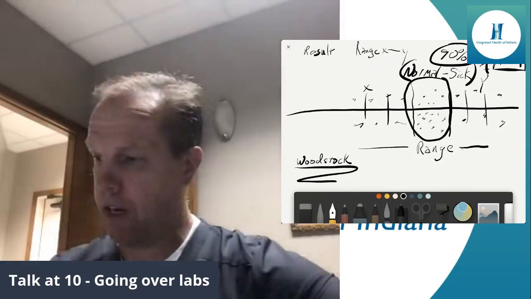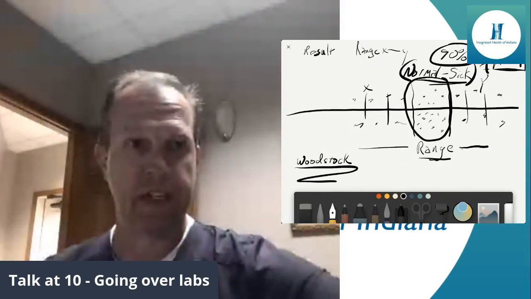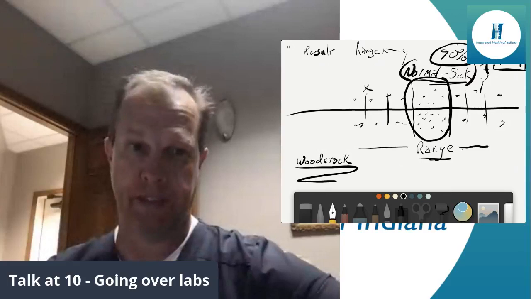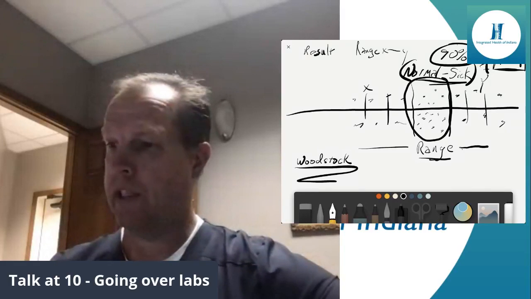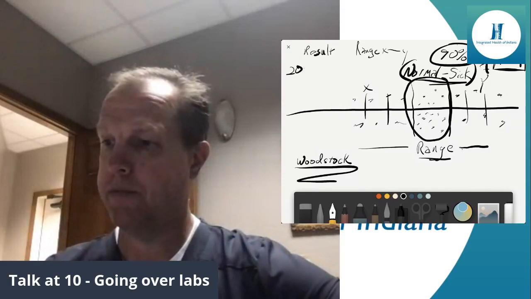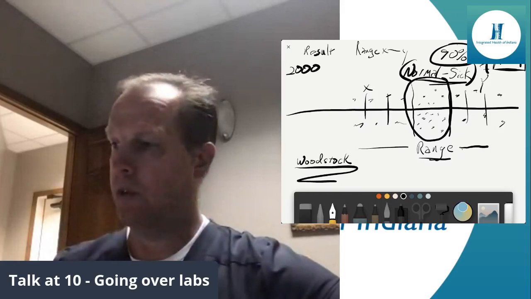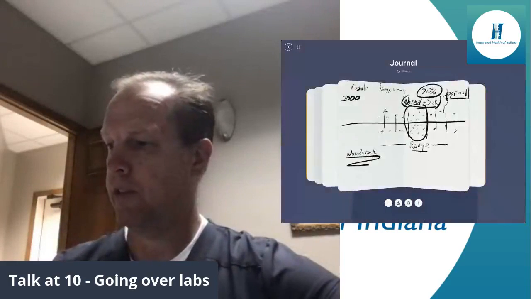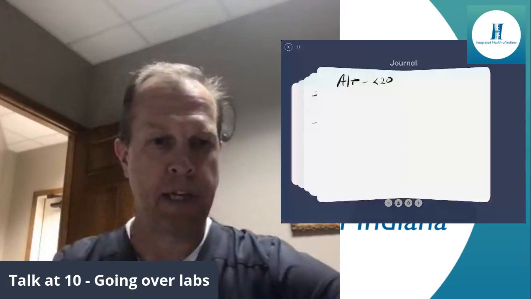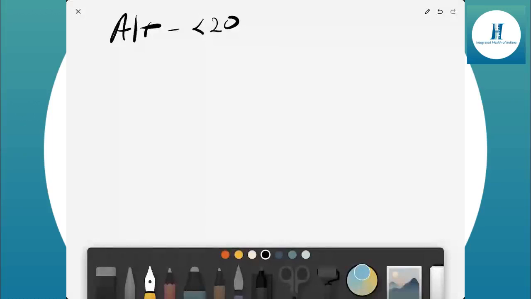This average range that they do is moving. So now in the 2000s, the normal for an ALT, so this was the 1950s, and the phenotype of a person in the 1950s typically was thin.